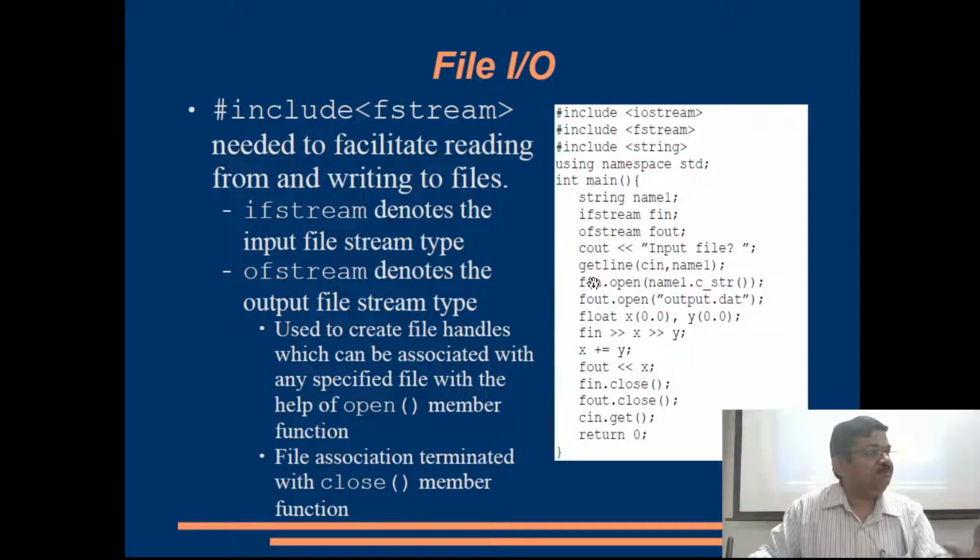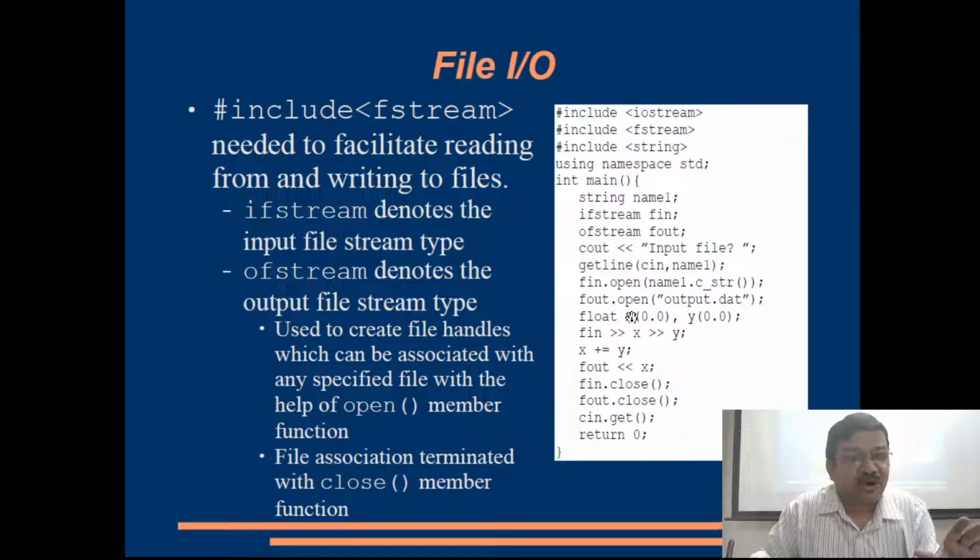Now there can be several ways, and two ways are defined here. Let us deal with the simpler one, which is output.dat. If you want to write the output of the program to a file called output.dat, you just say fout.open.